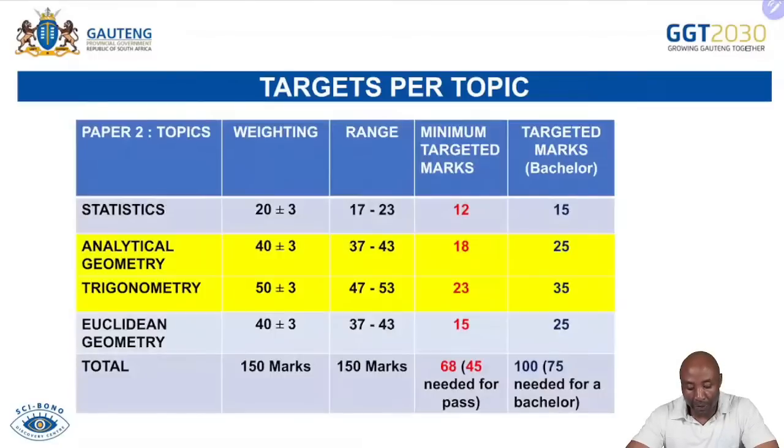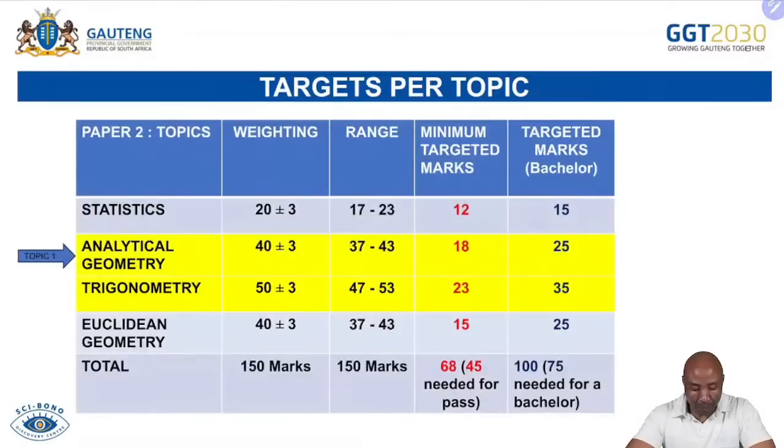Statistics has between 17 and 23 marks. Analytical geometry has between 37 and 43 marks. Trigonometry has between 47 and 53 marks, and Euclidean geometry has between 37 and 43. Our focus is analytical geometry, and our minimum target there should be 18 out of 40. But for a bachelor pass, we should aim for 25 out of 40.